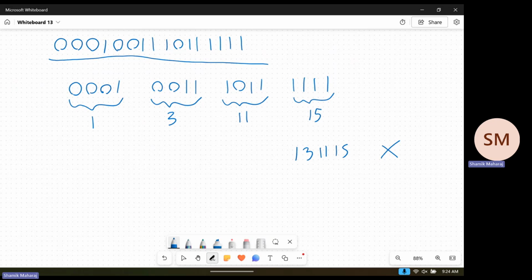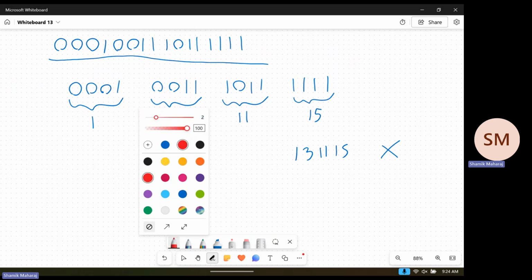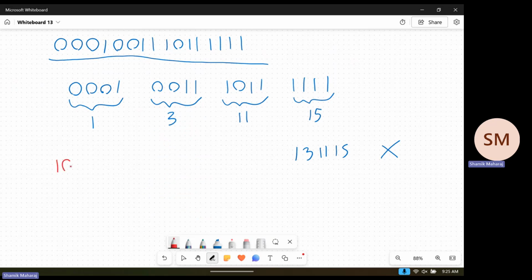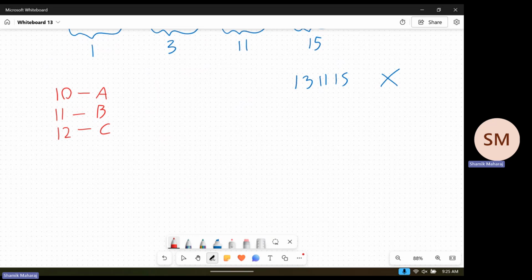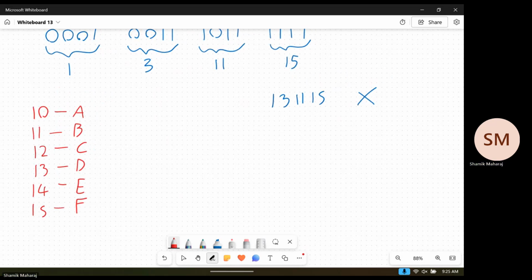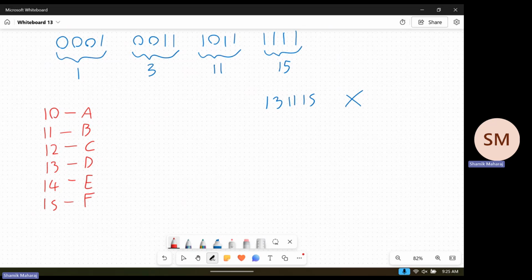Anytime we get a number which is over 9, we start representing it by letters. The maximum it goes to is 15 because 1111 gives us 15, so it can't go higher than that. 10 is represented by A, 11 is B, and so on, alphabetically: 13, 14, 15 are D, E, F. That's how we label anything which has more than one digit after the conversion.